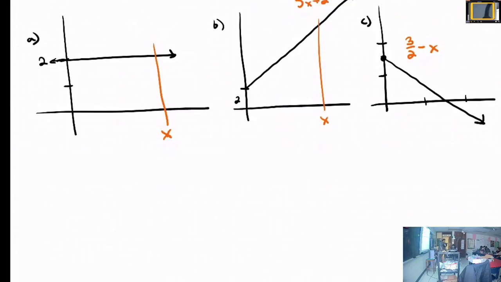So for this first one, no matter where that right endpoint is, it's just going to be a height of 2 times the x. So that'd be 2x.